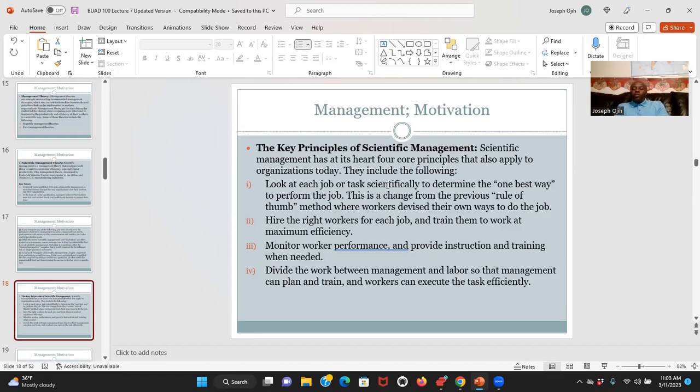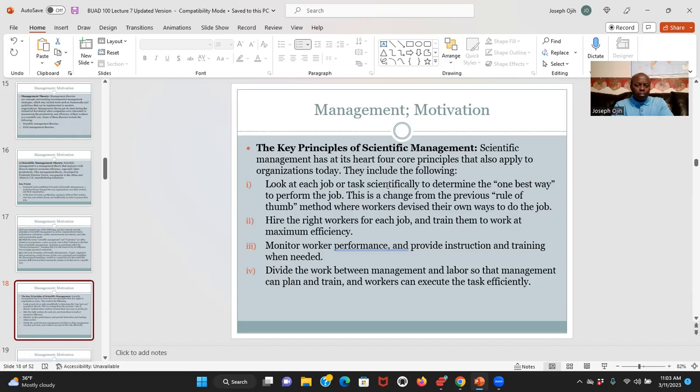Then once you analyze the workflow and figure out the best way to do that work, you can now hire the right workers for each job and train them to work at the maximum efficiency. Then, of course, you monitor their performance and provide instruction and training when needed.